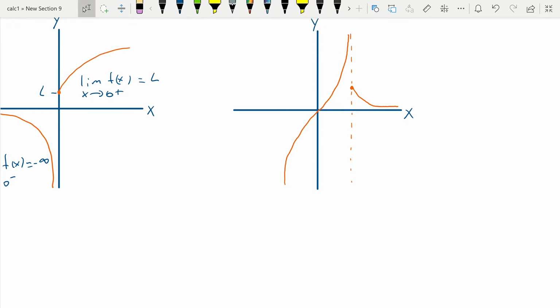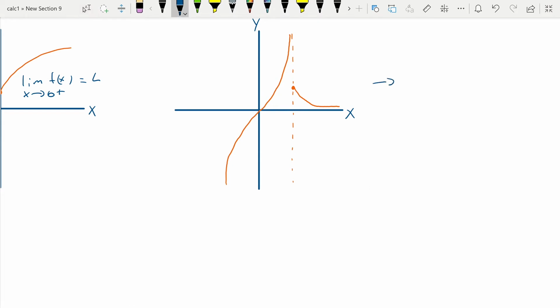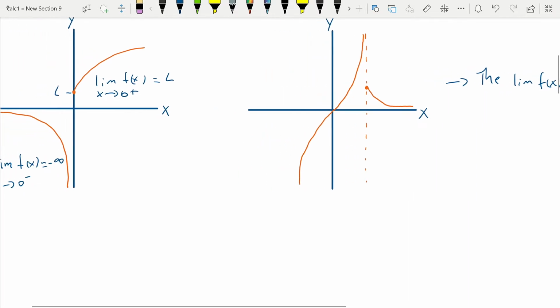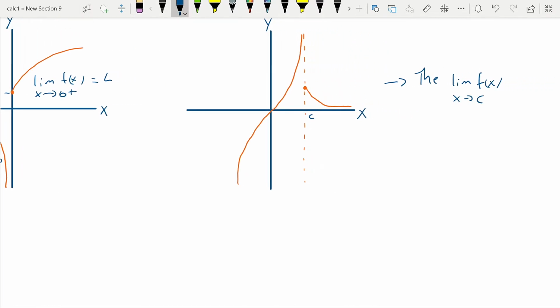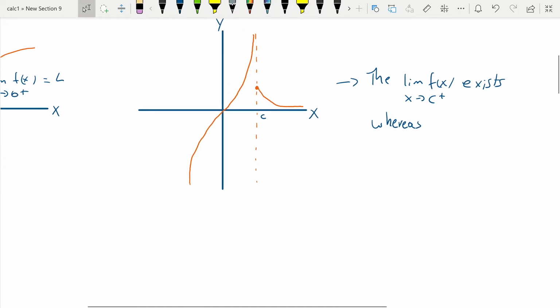And also here we see that, so this number here is c, the limit of f(x) as x approaches c from the right exists, whereas the limit of f(x) as x approaches c from the left is equal to plus infinity.